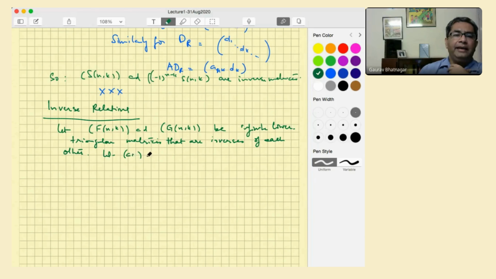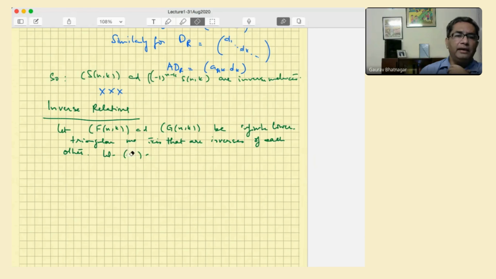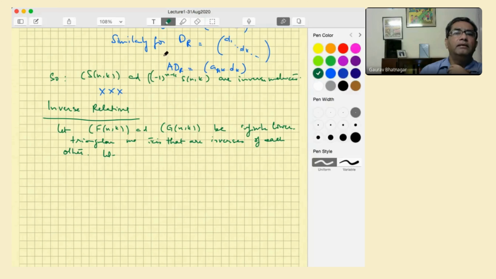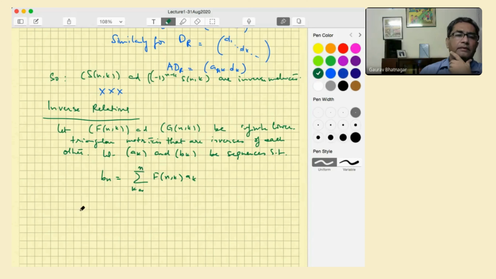Let Ak and Bk be sequences such that Bn is equal to the sum of Fnk Ak, then An has to be the sum of Gnk Bk.